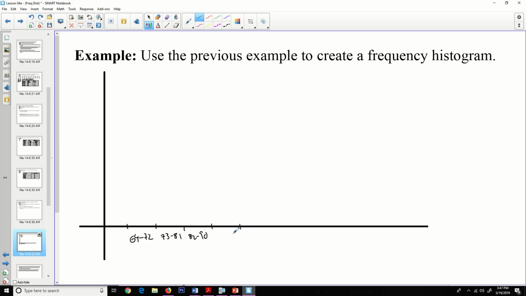And then this last one right here will be 91 to 99. And these are our classes. And we're just labeling our axis here. And then let's see here. The biggest one was 15. So 1, 2, 3, 4, 5, 6, 7, 8, 9, 10, 11, 12, 13, 14, 15. We'll put that right there.